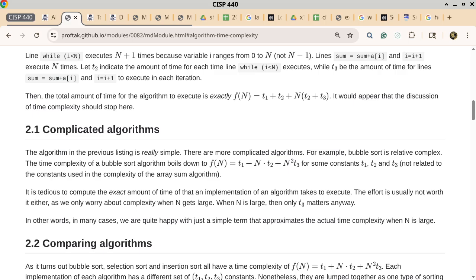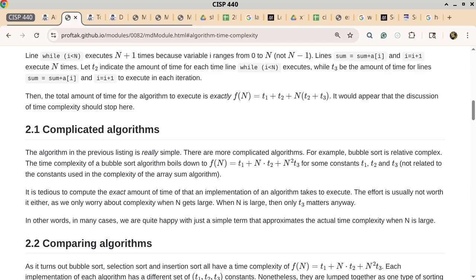We are not going to go through the exact makeup of T1, T2, and T3, but we can just say that there exist T1, T2, and T3 such that the amount of time it takes for a bubble sort algorithm to complete is going to be exactly like that. So all we need is to say it has a form like this. Are we still doing okay so far?